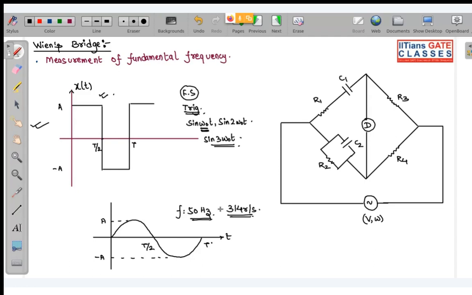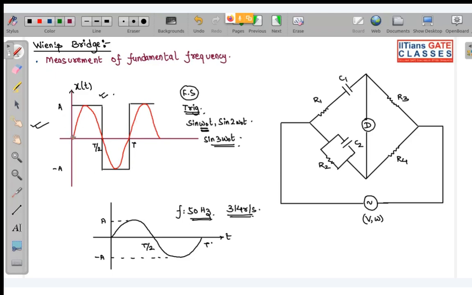What is fundamental frequency and what are we measuring over here? Any doubt? See, this square wave is basically made up of something like this. If you break it, now this red color sinusoidal is your fundamental frequency. See, this is sine omega naught t. Whatever is the frequency of the square wave, same is the frequency of the sinusoidal.